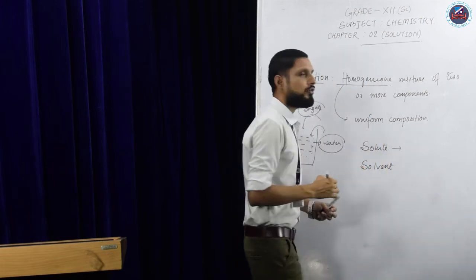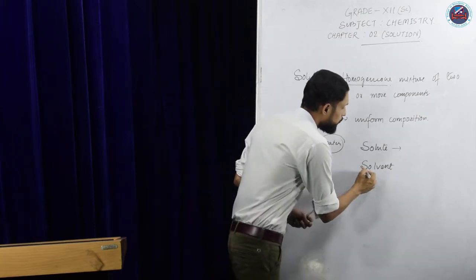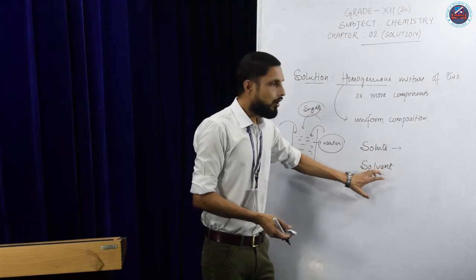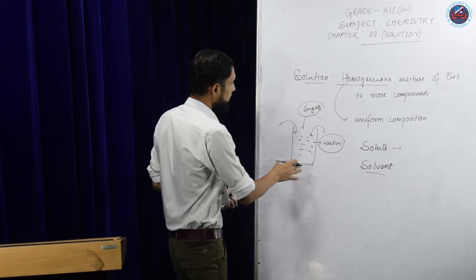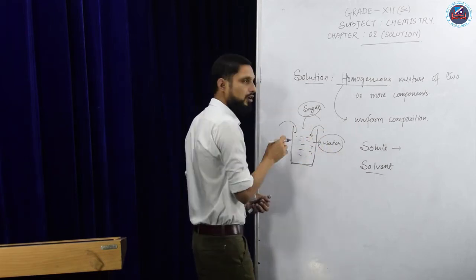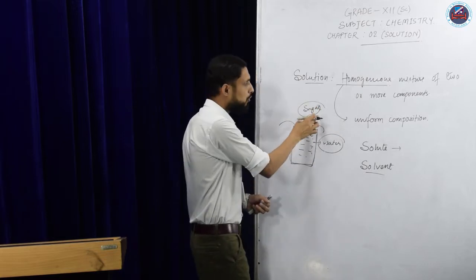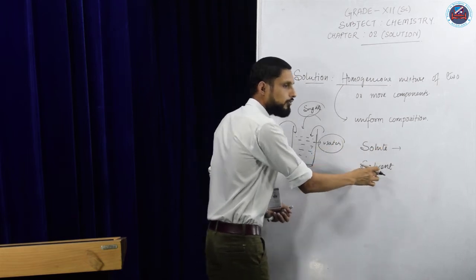Now, solute is the one which gets dissolved, whereas solvent is the substance where solute will get dissolved. Now say for example, in this solution you have water and sugar. So sugar will get dissolved in water. So sugar is solute and water is solvent.